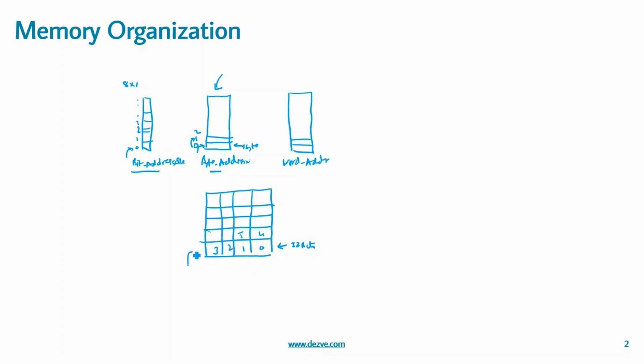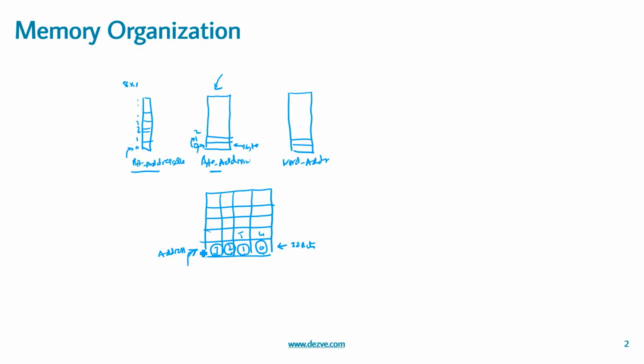Now when we say byte addressable, it means we can still address this byte, this byte, this byte, and this byte. But when I'm accessing one entire row, I will get 4 bytes together, but I can choose to index a particular byte as well.